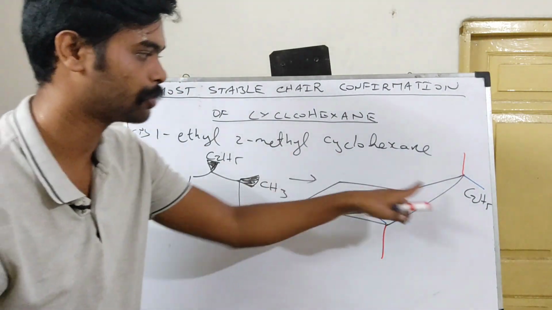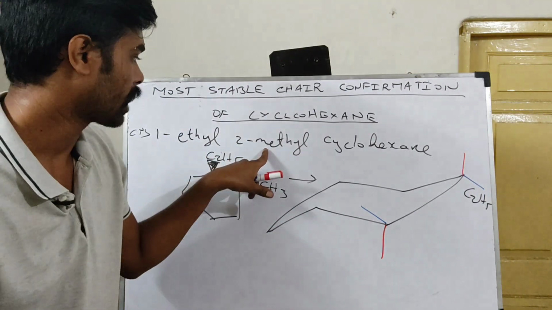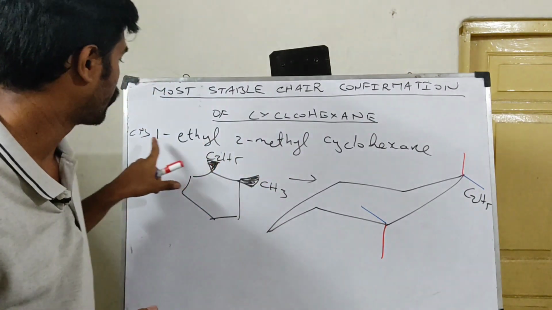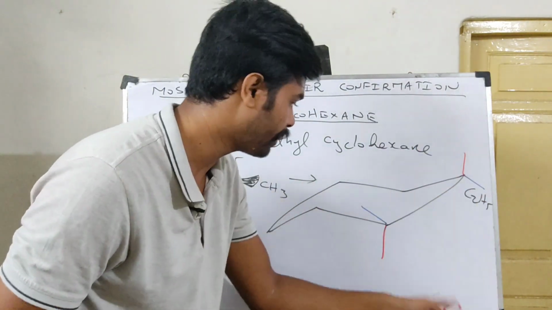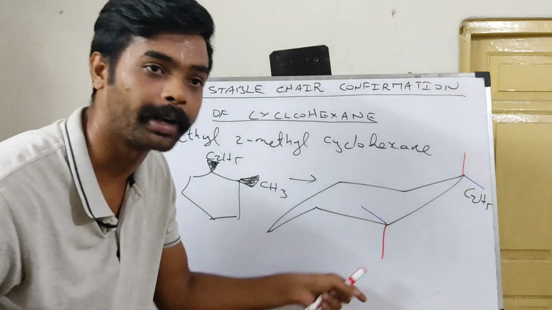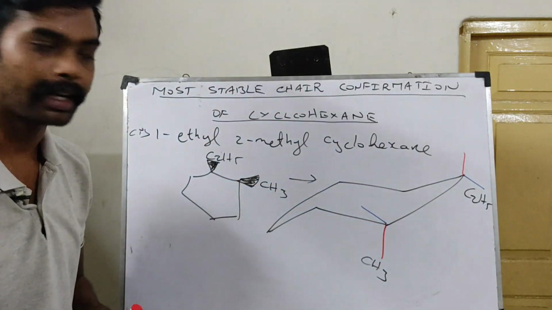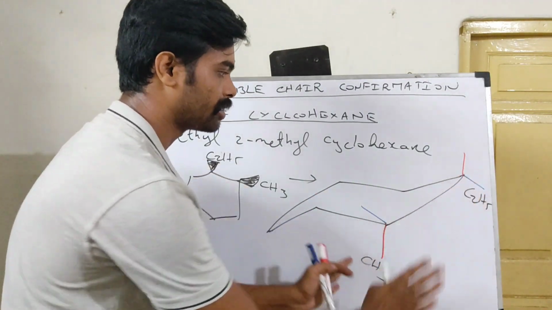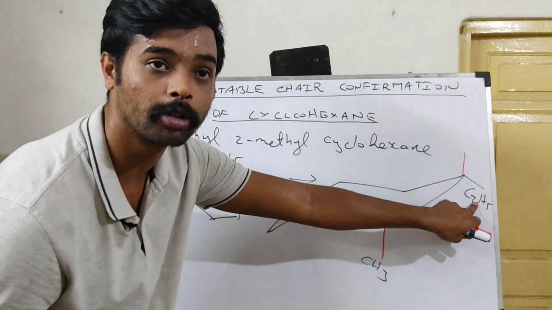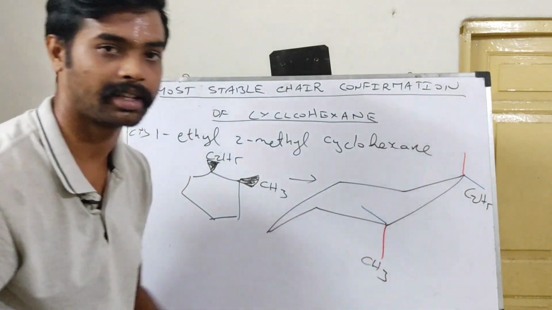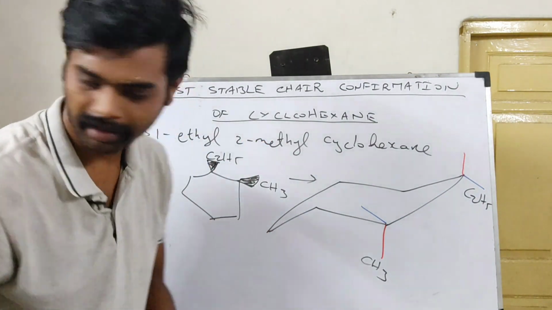Very simple, just putting the bulkiest group in the equatorial position. What is remaining now? In the second carbon atom, I'm going to have a methyl group. Now you have to remember it is cis. Here I have put the ethyl group pointing down, so definitely you have to put the methyl group also pointing down. And in that case, it is going to be axial. So obviously you understood, this is what a cis is, and I'm directly putting the most stable form where I put the bulkiest group in the equatorial position, and accordingly the other thing changes. So we'll take the same example with trans and we'll see what happens.